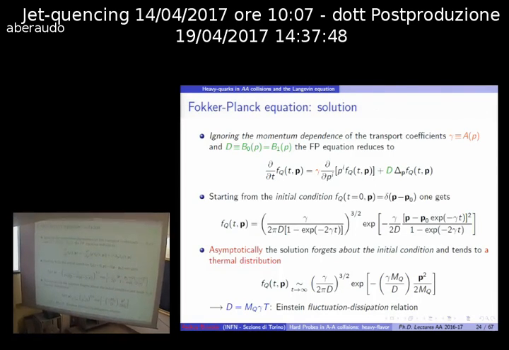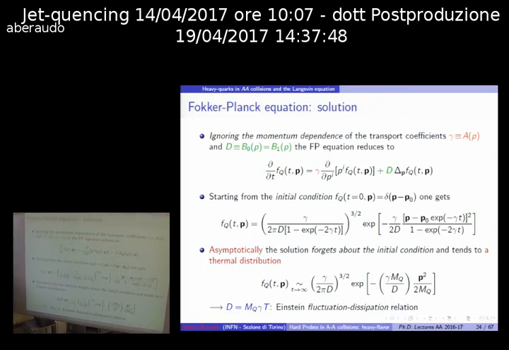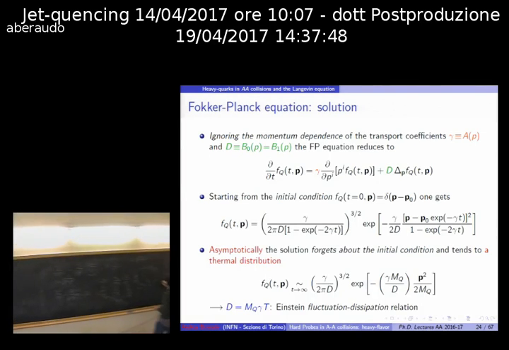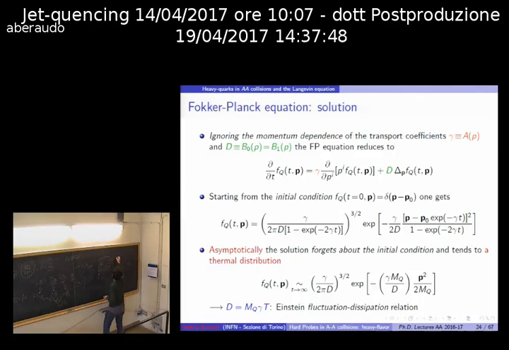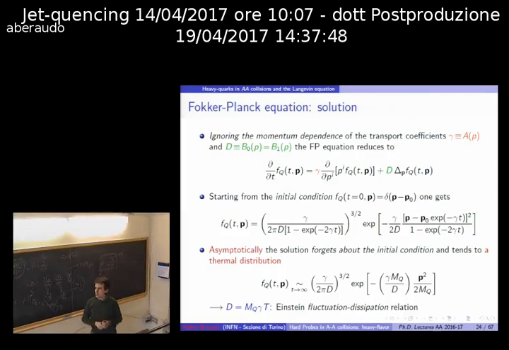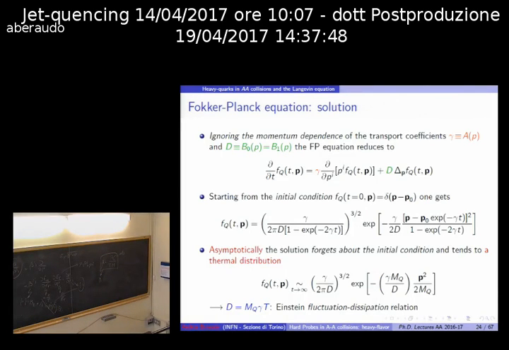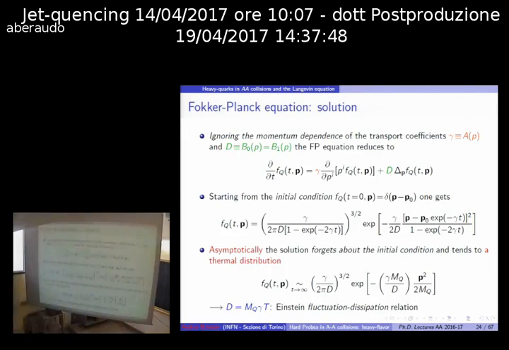So let us ignore, as I was saying, the momentum dependence, and call this coefficient gamma, and these two coefficients let us call D. So actually in this limit I decide to call this gamma and this D. So the Fokker-Planck equation reduces to this equation, and as an initial condition let us start from having all particles with the momentum p0, and let us follow their evolution.